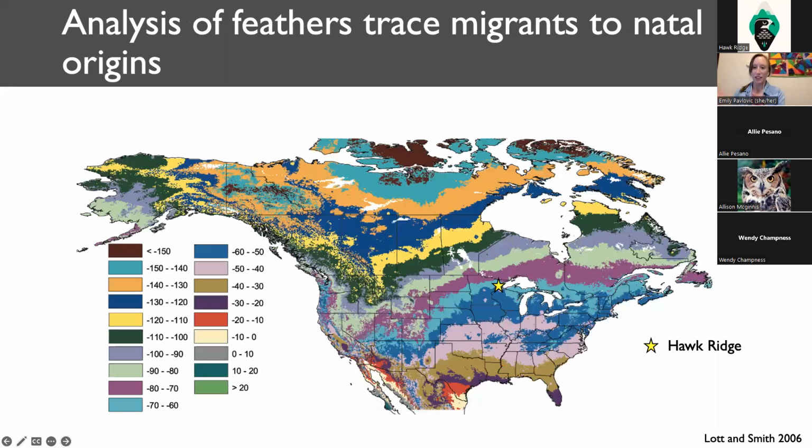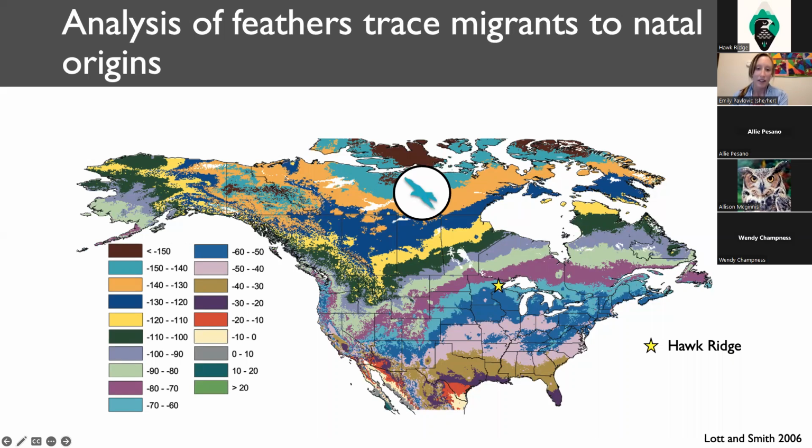All right, so just to make sure that we're all understanding this, we'll take it one step further. Let's say that we have a juvenile raptor growing a feather on the breeding grounds. That feather is going to incorporate the isotopic signature of the environment, taking into account that fractionation.